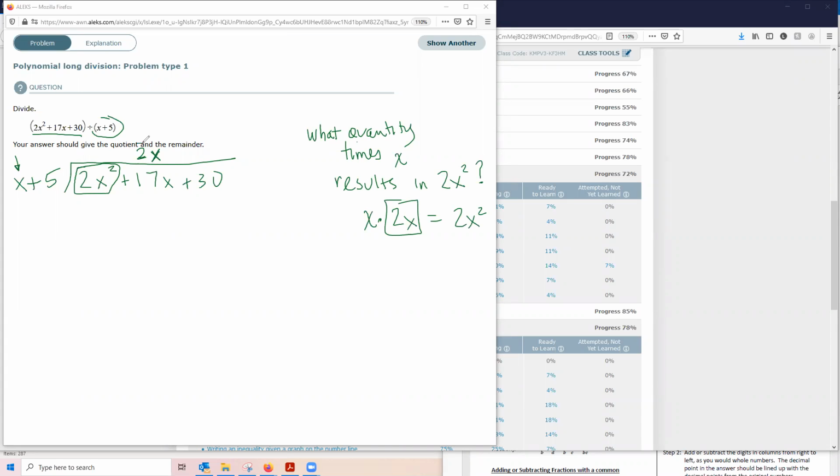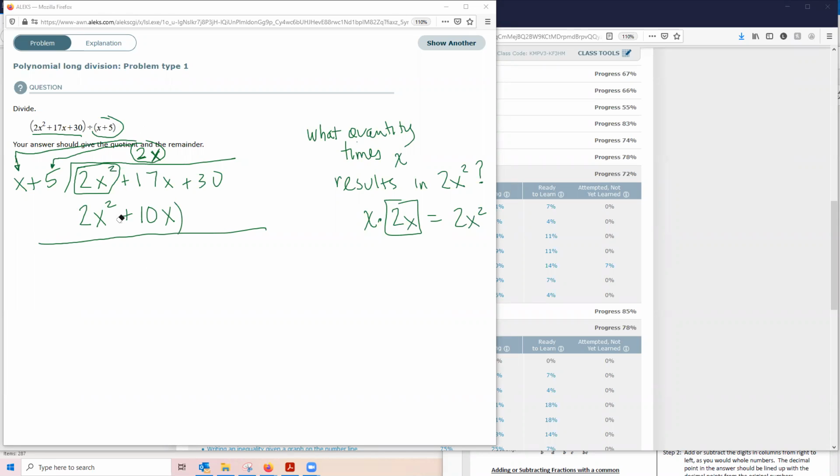Now I'm going to take this 2x and multiply it times x. That's 2x squared. I'll write that underneath here. But I'm also going to take this 2x and multiply it by 5. That's 10x. I'll write it here. Now what you do is you subtract this bottom expression. When you subtract a parenthesis like this, you're really going to change the sign of each expression inside.